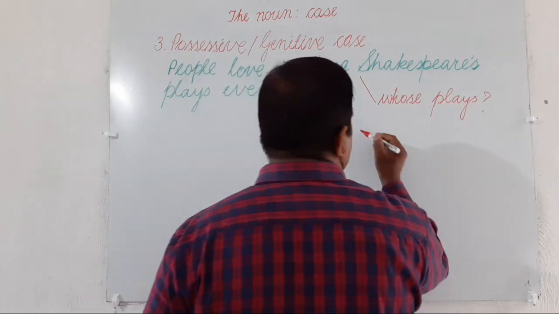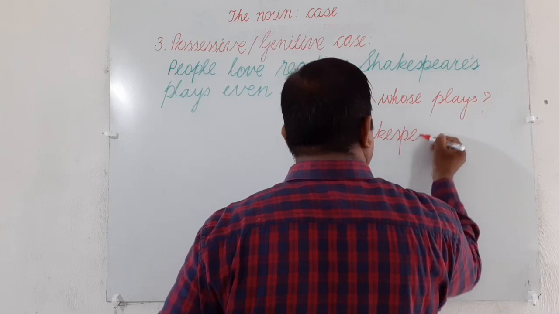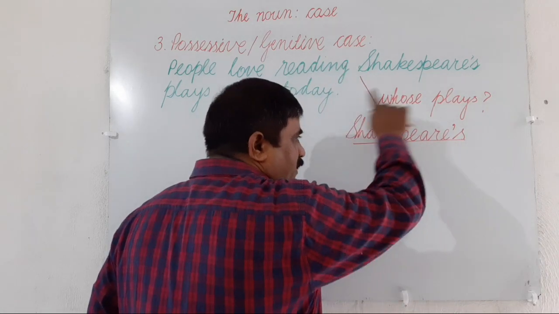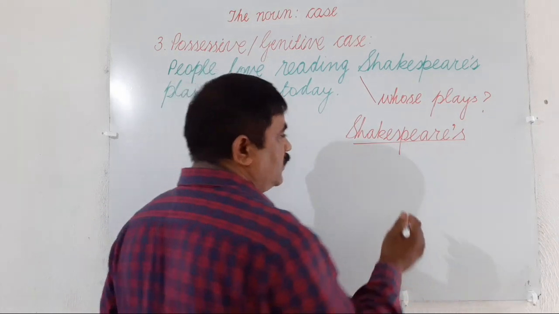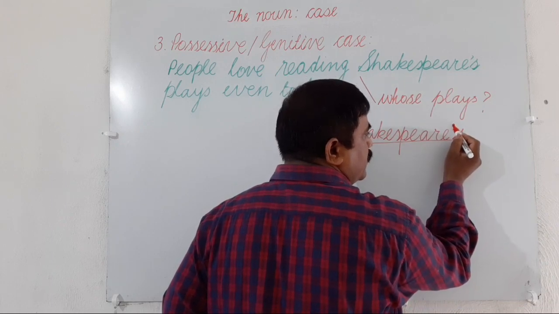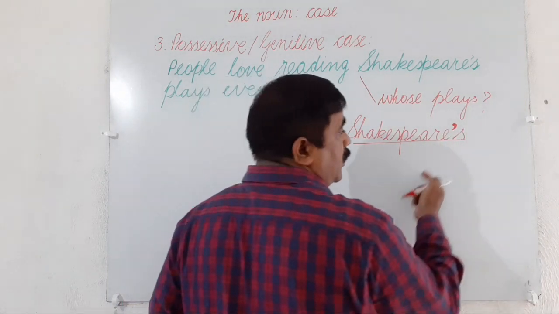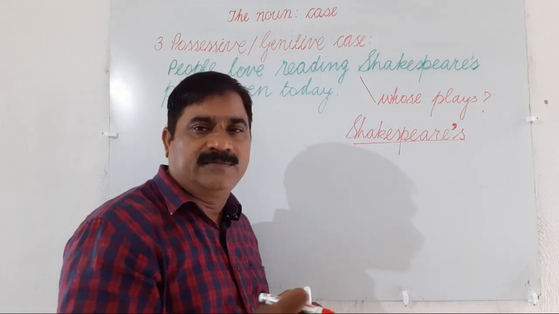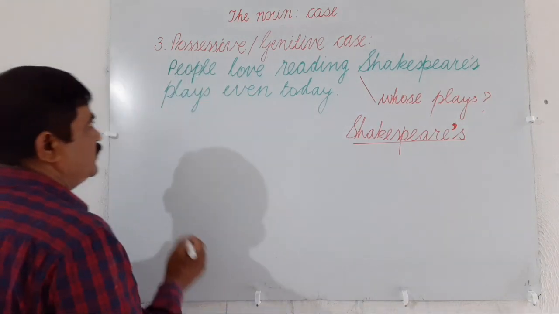Yes, Shakespeare's. This structure shows a kind of authorship. See the structure, Shakespeare, proper noun. This particular sign or mark is known as apostrophe along with S. Apostrophe S denotes a kind of authorship.